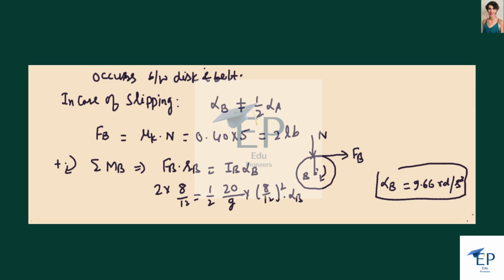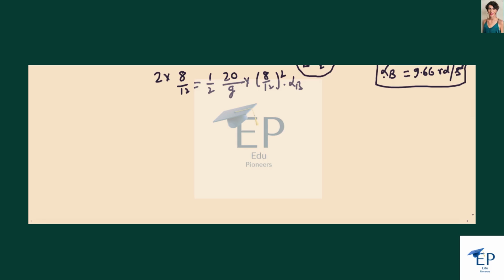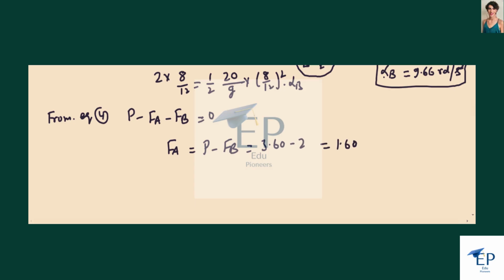So this is the angular acceleration of B. Now we have to find the other angular acceleration. From equation 4, P minus Fa minus Fb is equal to 0. So force on A will be P minus Fb. P is 3.60 minus 2, so it is 1.60 pound.